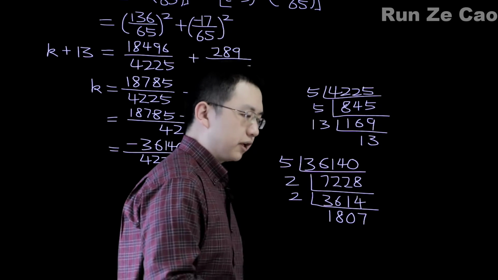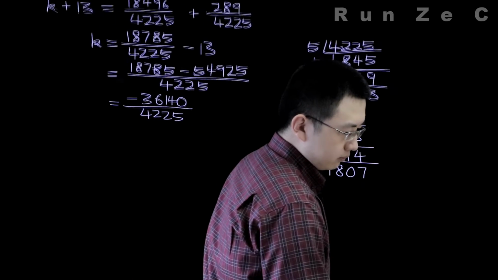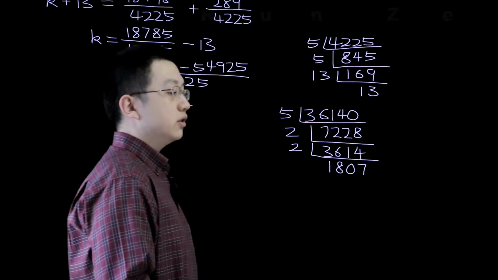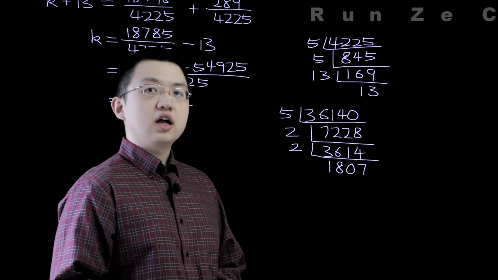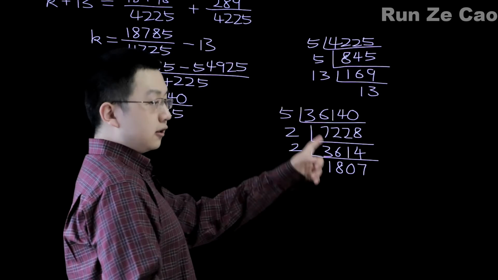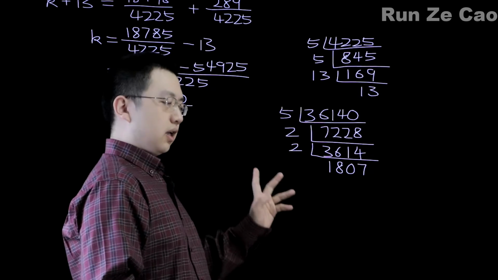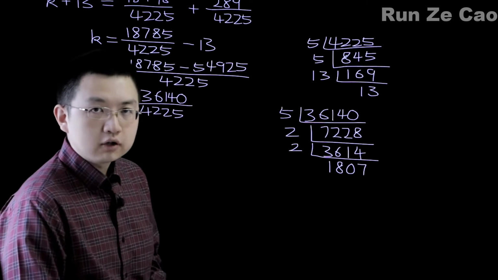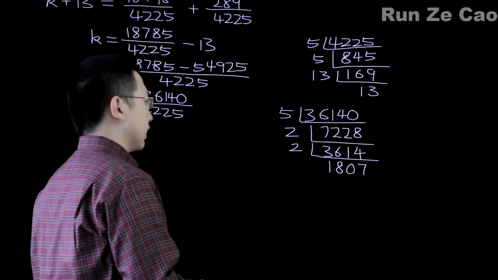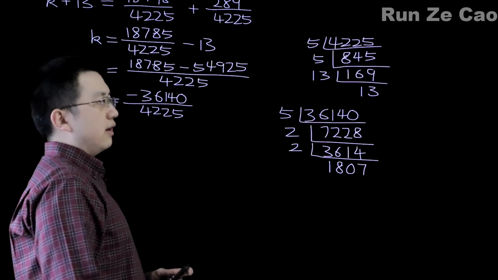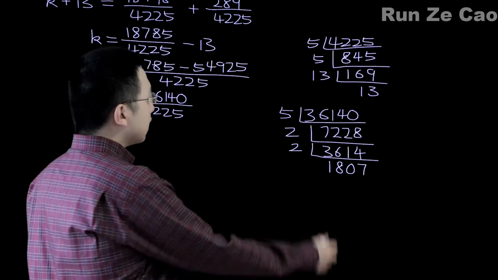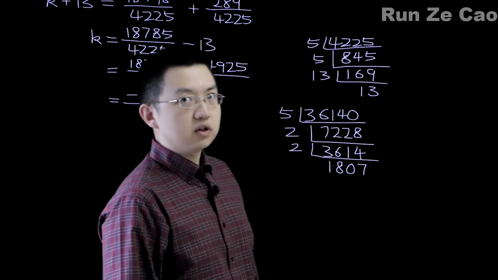And where can we go from here? Well, we can see by visual inspection that 3 is not going to cut it, because the digits added together are not a multiple of 3. If they were, this would be divisible by 3, but it's not. So 1807, is that divisible by 7? Well, 1800 is obviously not divisible by 7.